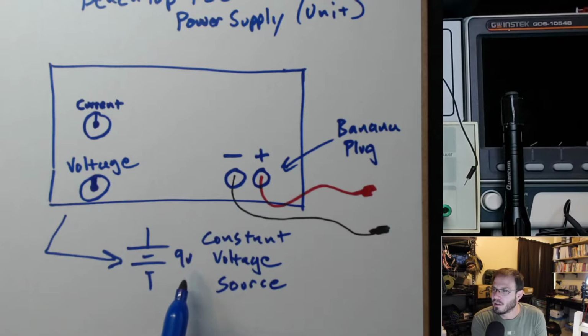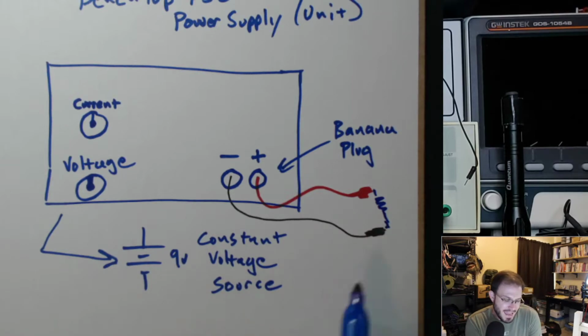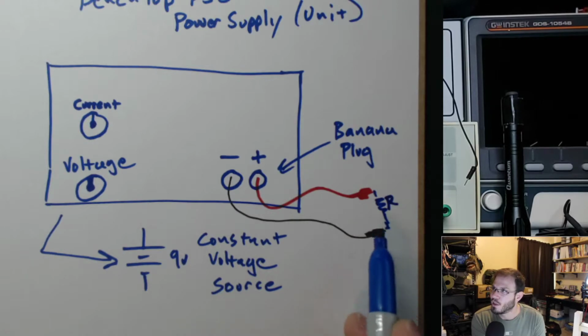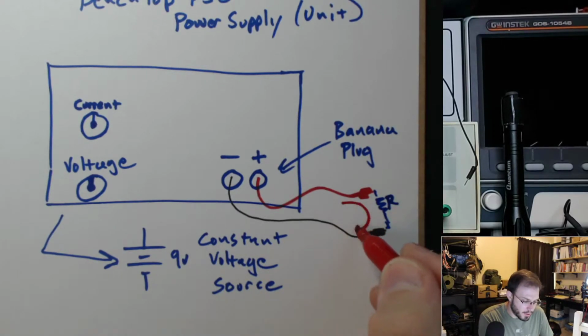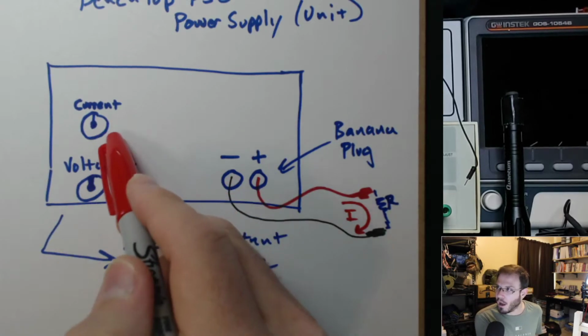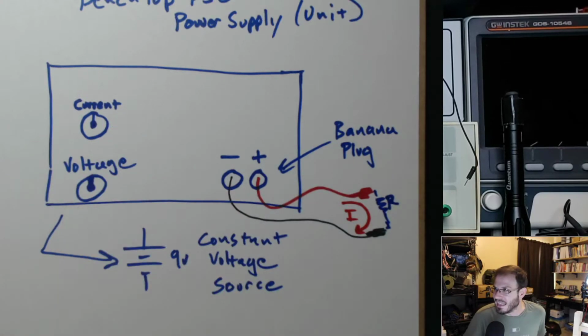Now the question is, if I hook this up to a resistor, is it not the resistance that determines the current flowing through this circuit? Yes. So why on earth do they have this other knob on my benchtop power supply that says current? It's because they left out a really important word.